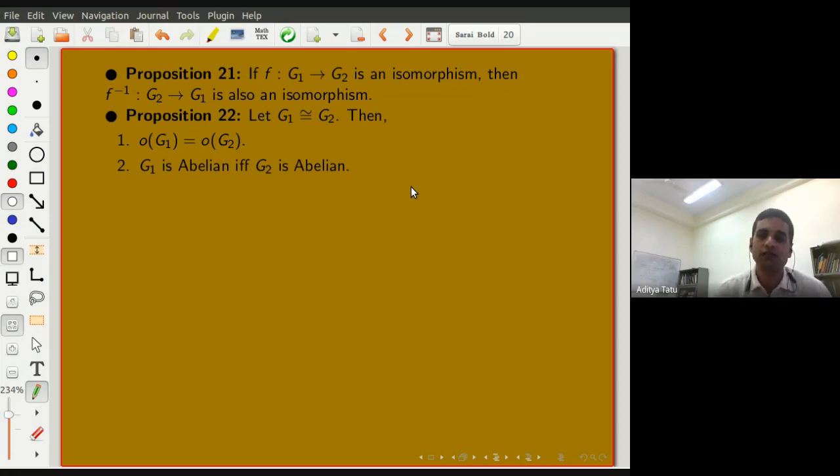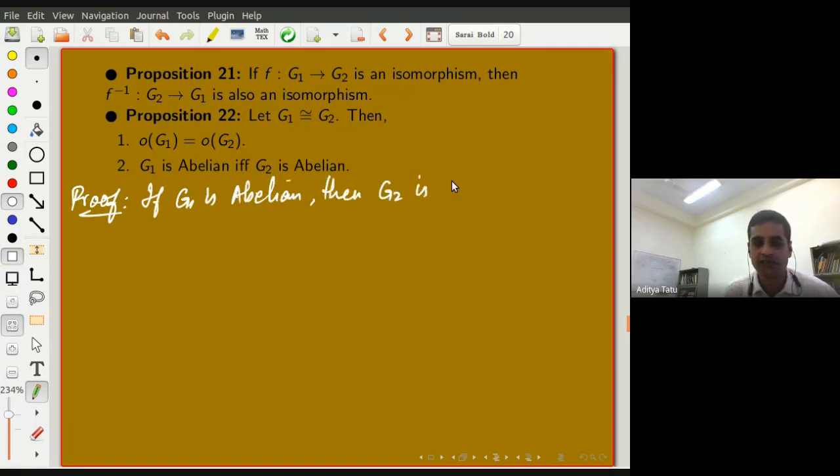The other group will also have several same properties. One of them is that it will also be abelian. How do we show that? If G1 is abelian, then G2 is abelian. How do we show this?